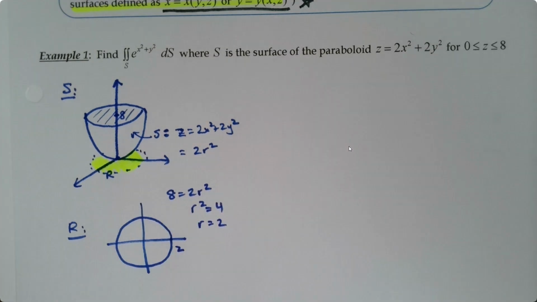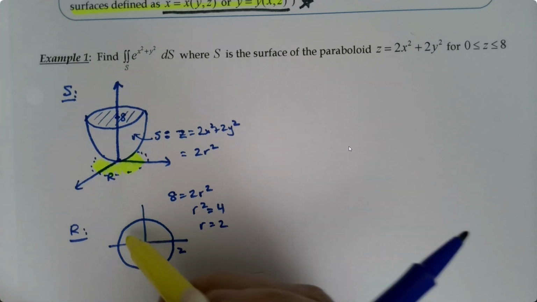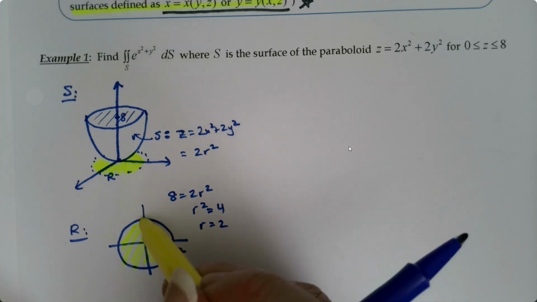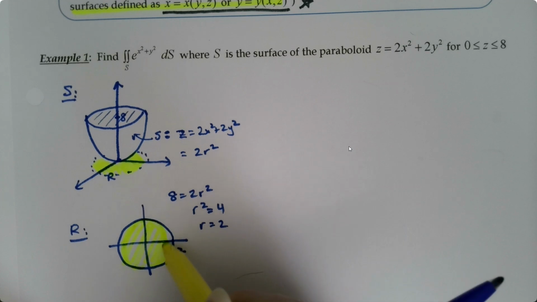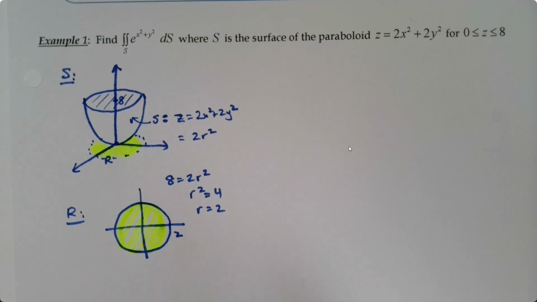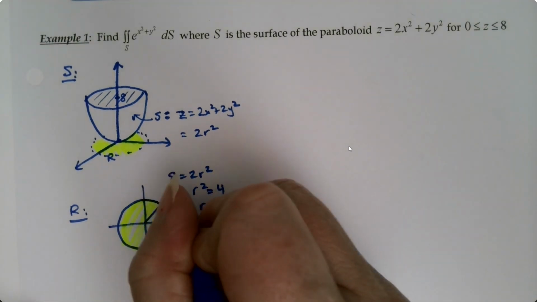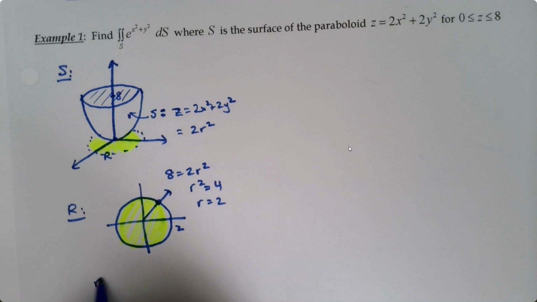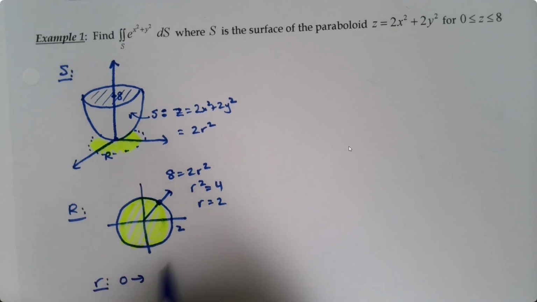So our region is a circle of radius 2. And since it's a circular region, that's why we're going to switch to polar in a second. So we think about a spoke coming out. r is going to go from 0 to 2, and theta, because we're doing the whole surface, is going to be 0 to 2 pi.